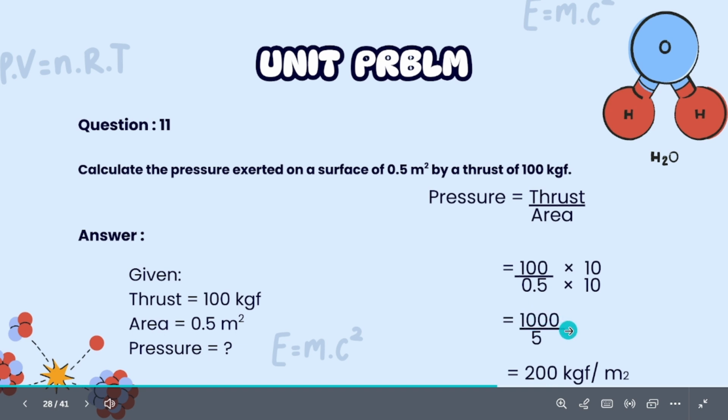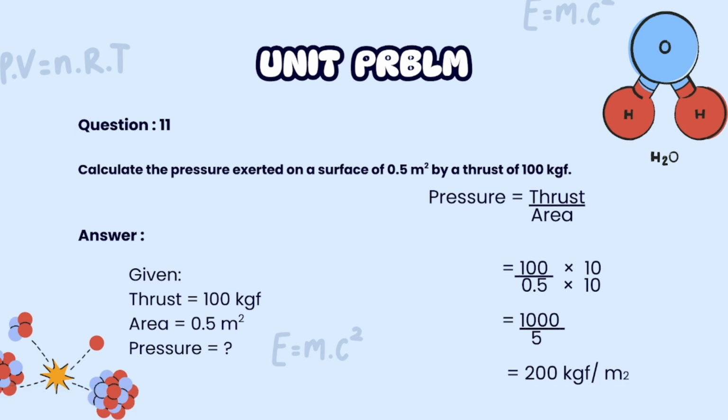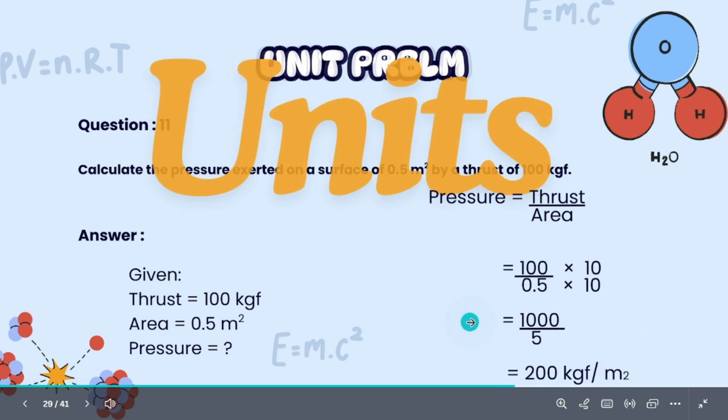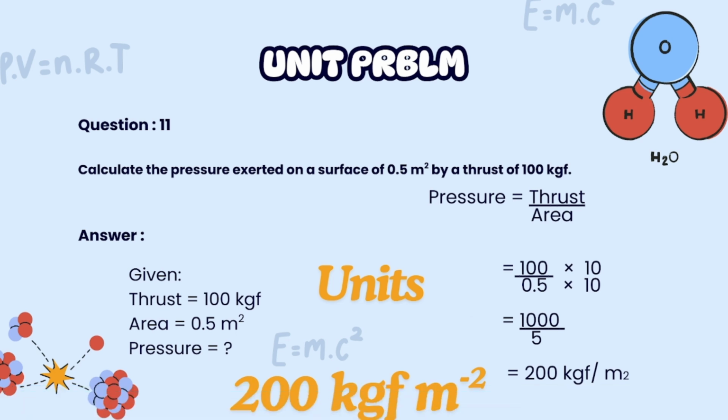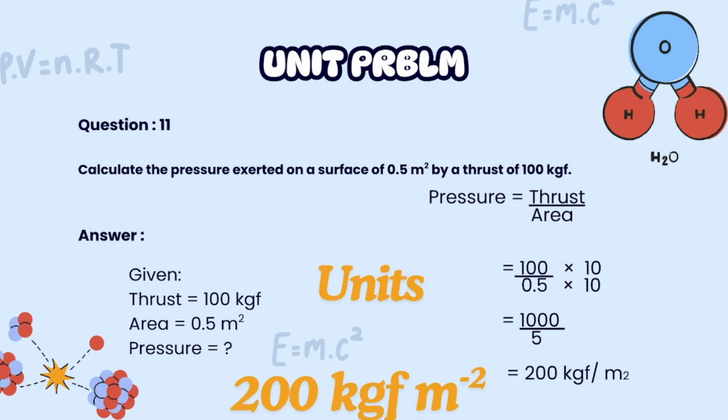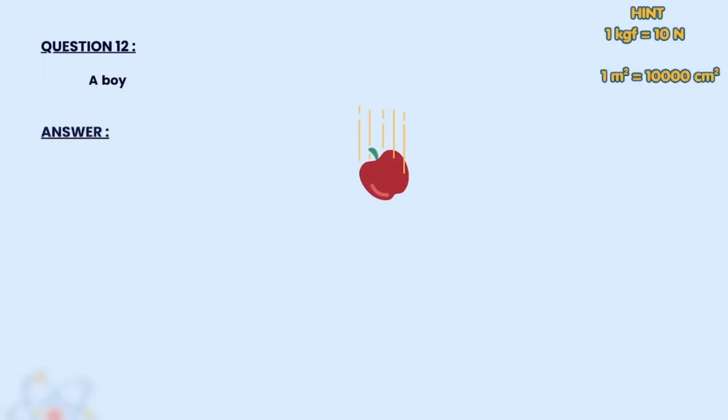So it will be 200 kgf per meter square. Why kgf instead of Newton? The unit is given as kgf per meter square. Unit is very important in this question. Okay, 200 kgf per meter square. Either write it in this form or this form, but here the 2 should be written above m, like m to the power 2. Move on to the next question.